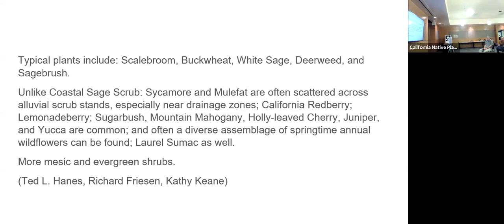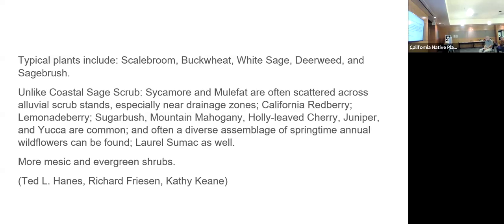You may have noticed that the sycamores are scattered among the oaks, right? And if you spend a little time there, you begin to realize, oh, there used to be active drainage happening in those places, right?